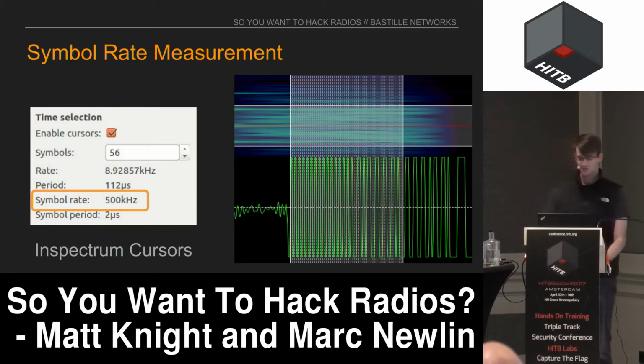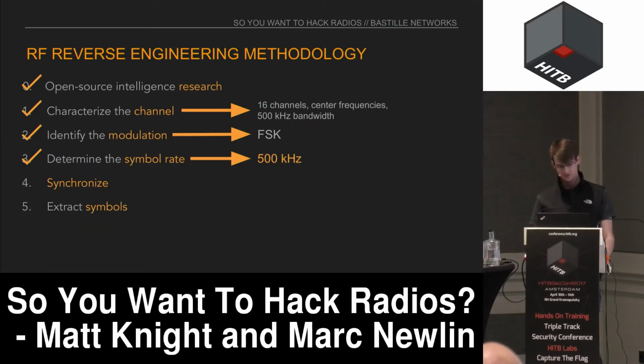And then you can use these cursors to very precisely clock out exactly where the symbols are. So you basically just align the cursors to your time series data, and it will tell you what the symbol rate is. So here we're able to discover that the symbol rate is additionally 500 kilohertz. So with that, we've completed step 3 as well.